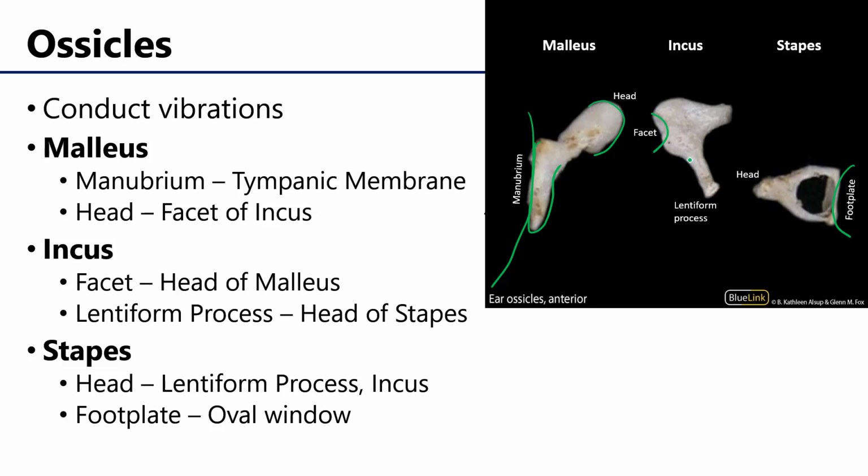And then there is a lentiform process of the incus, which then articulates with the head of the stapes. And the footplate of the stapes sits within the oval window. So we move from the tympanic membrane to the malleus, to the incus, to the stapes, to the inner ear.